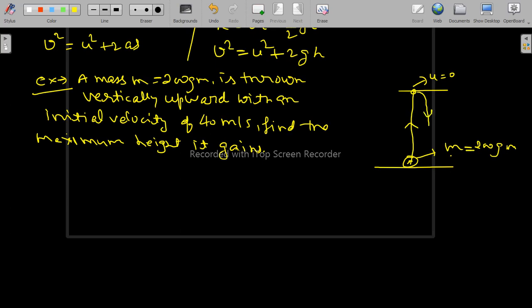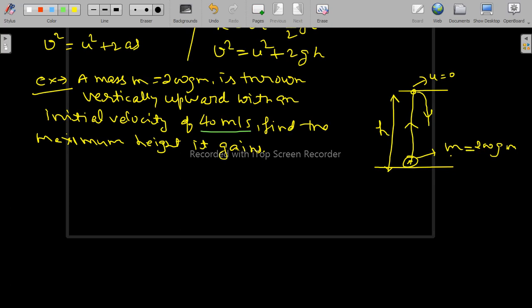So the maximum height which it gains, you are required to find out. The initial velocity of the object is 40 meter per second. So how high does it go? Can you find it?